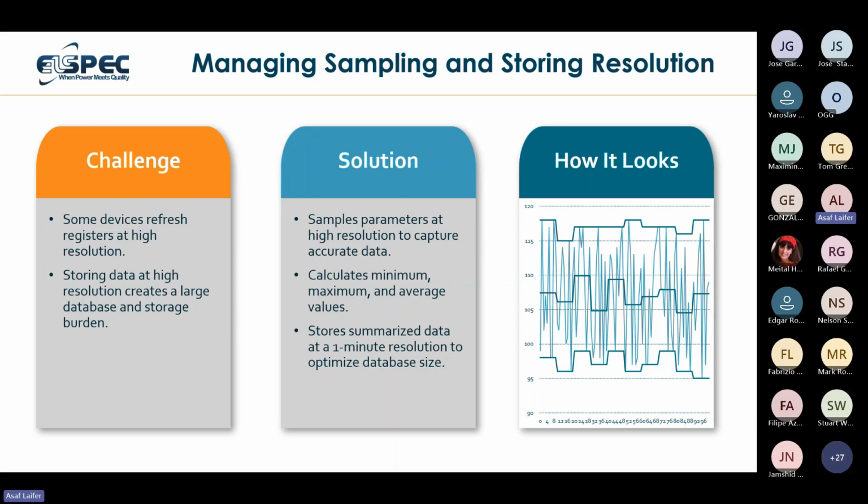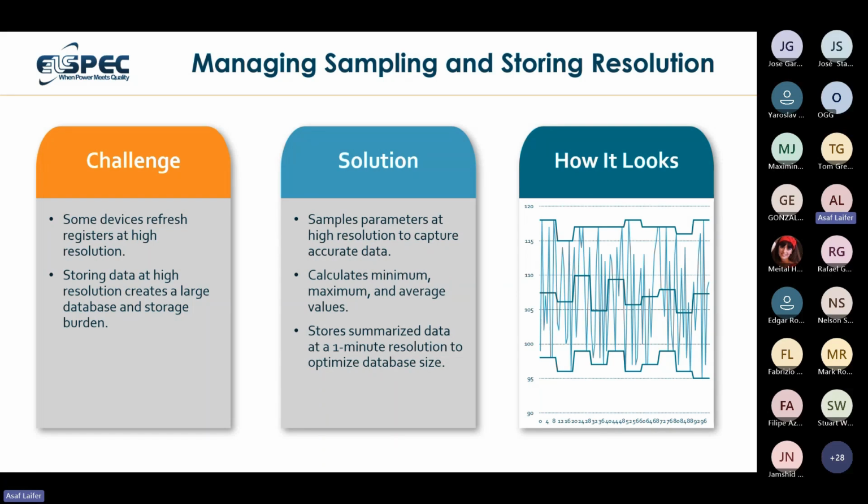Most of the Modbus sensors are simple sensors. It can be a simple revenue meter, maybe a power meter, but a very limited one, and they don't have too many parameters that they are measuring. Also the resolution of the parameters is fixed.